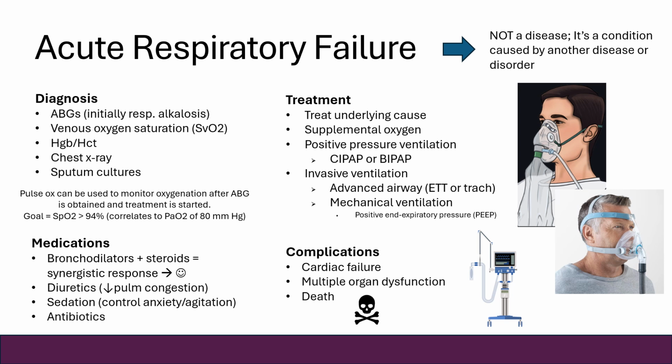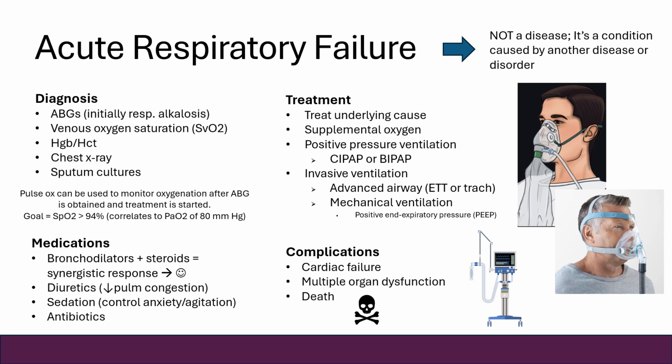So then here, what did I write here? Pulse ox can be used to monitor oxygenation after the ABG is obtained and treatment is started. When a patient goes into respiratory failure, the pulse ox is not going to be our number one go-to as an accurate measure, because things can affect that. If a patient's in acute respiratory failure, maybe their circulation isn't that great.